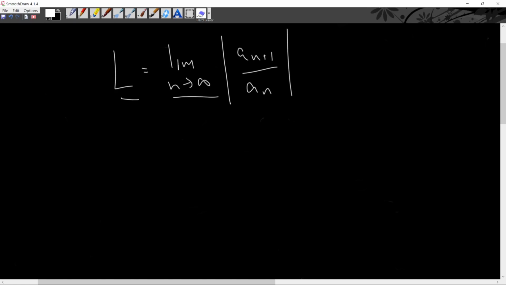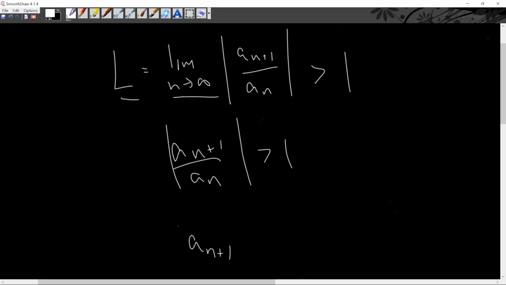I would say it's not really a proof. It's more just like common sense. But let's think. If we say that a sub n plus 1 over a sub n is greater than 1, that means that a sub n plus 1 is greater than a sub n, which means that we are monotonically increasing, because for every value of n, this should be true.